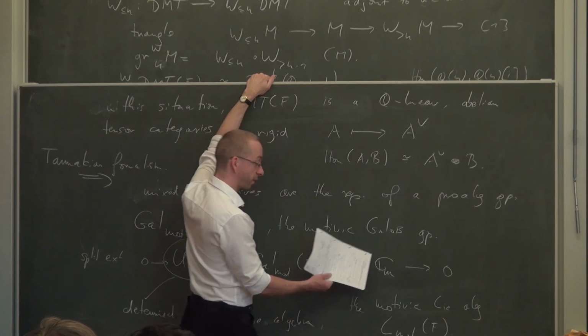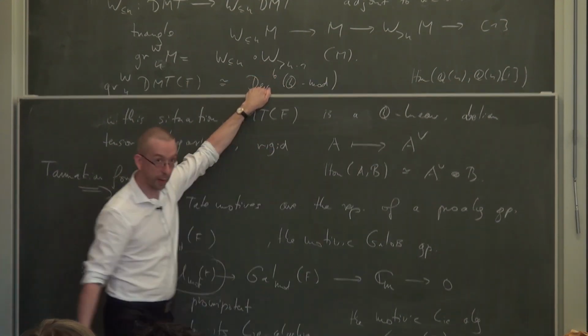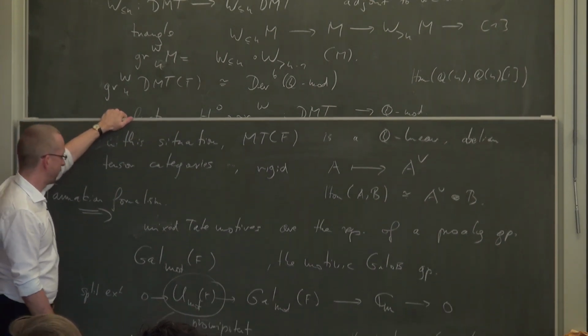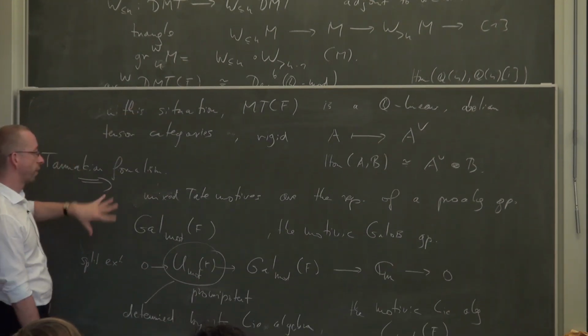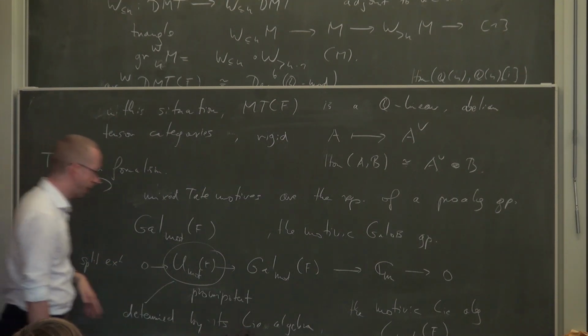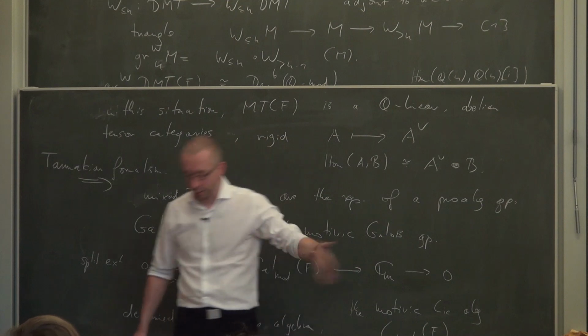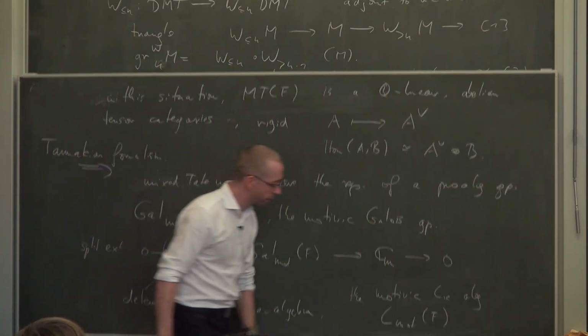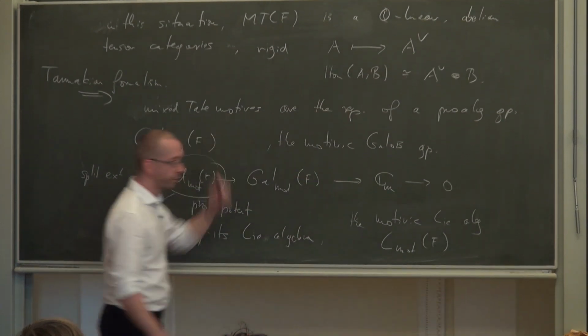The graded Q vector spaces would be representations of the GM, so you can take care of this as well. Right, and then in this picture, the Galois group is obtained as automorphisms of the fiber functor. And the Lie algebra, you can write down what are derivations on this fiber functor, and then you would get that this Lie algebra here is given as derivations of this fiber functor.